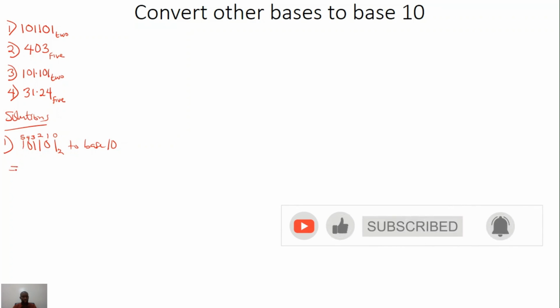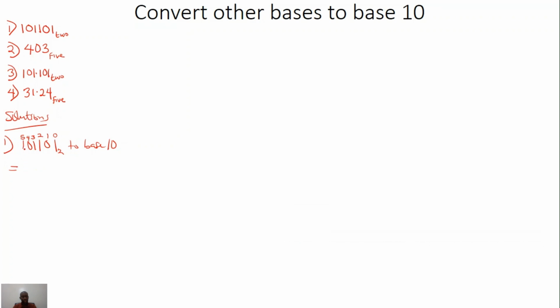This will be equals to, let's start with this digit. 1 times 2 raised to power 5 plus the next digit is this. 0 times 2 raised to power 4 plus 1 times 2 raised to power 3. Then the next is this, plus 1 times 2 raised to power 2 plus 1 times 2 raised to power 1.